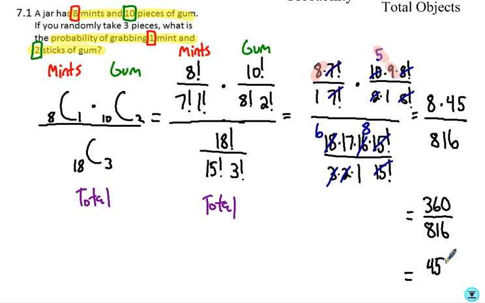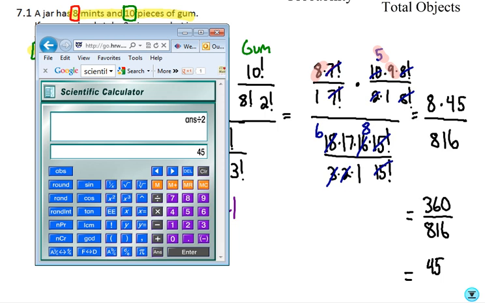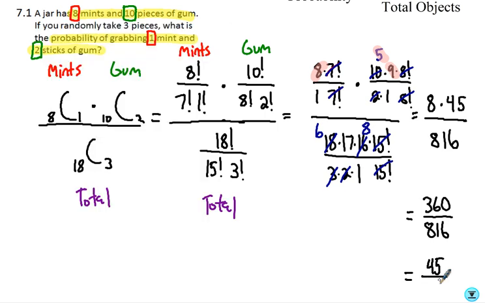And if you cut 816 in half 3 times, you do the same thing with 816. So 816 divided by 2, and then divide that by 2 again, and then divide that by 2 one more time, we get 102.